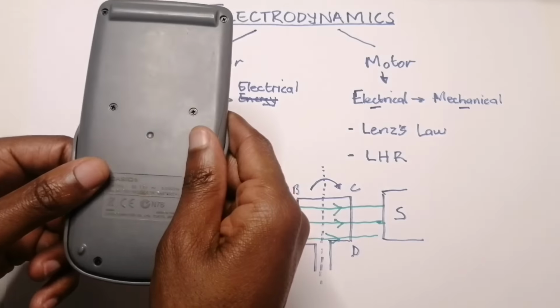So the direction of rotation is upwards, the first finger is in the direction of the field, and therefore my second finger shows me the direction of the current. Normally they would ask you in this question to show where the direction of the current would be on side AB. So that's what you would do.